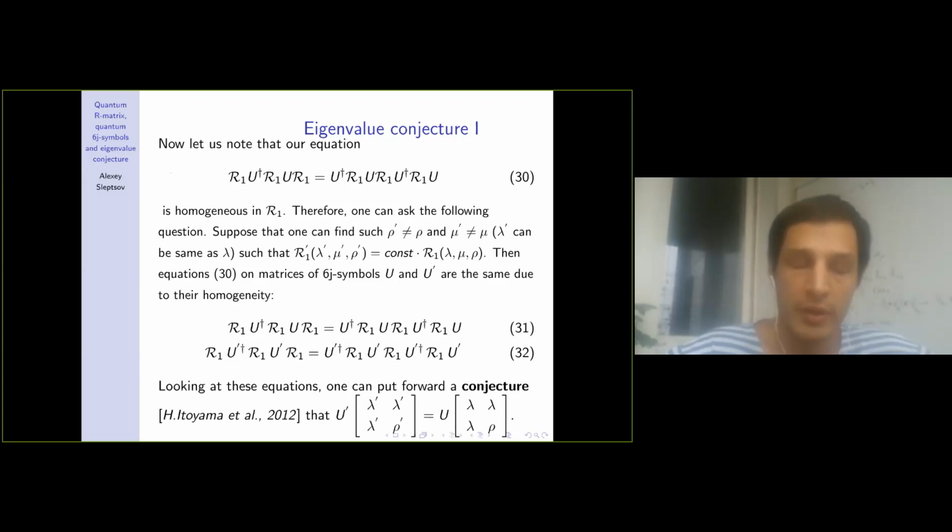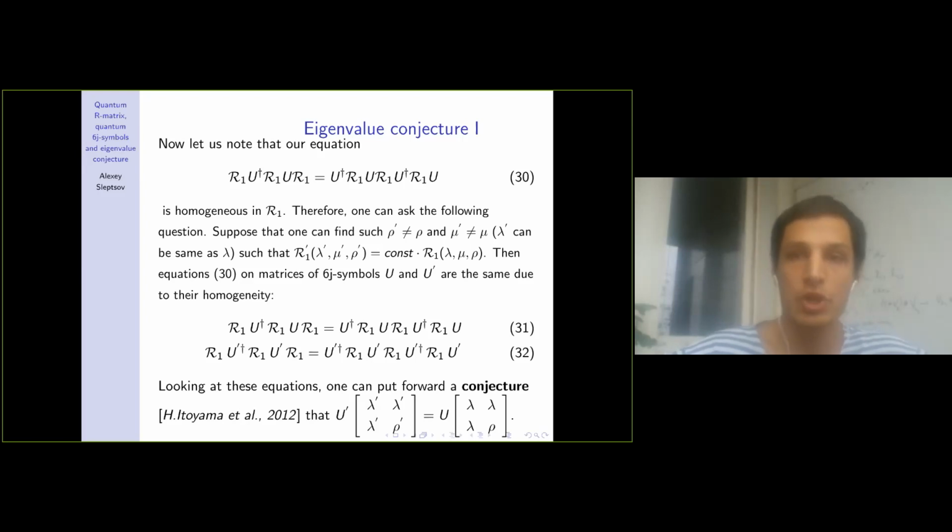Now let us note that this equation is homogeneous in R2. And therefore, one can ask the following question. Suppose that one can find such rho prime not equal to rho, such mu prime not equal to mu, such that R1 prime is proportional to R1 with some constant which does not depend on mu.